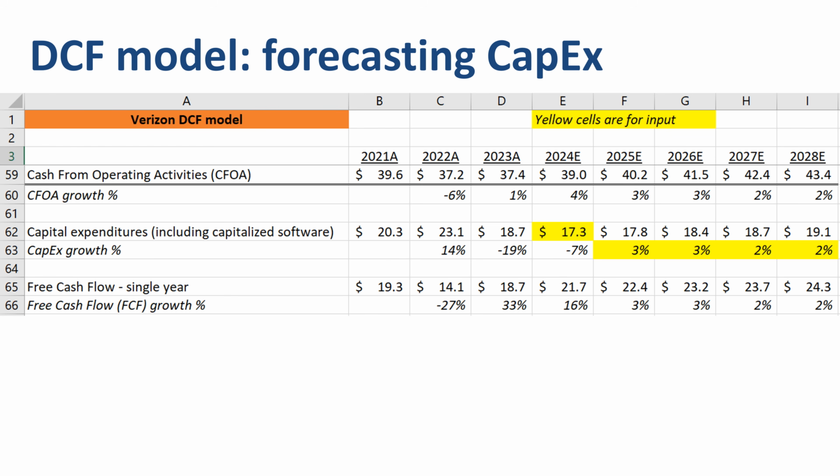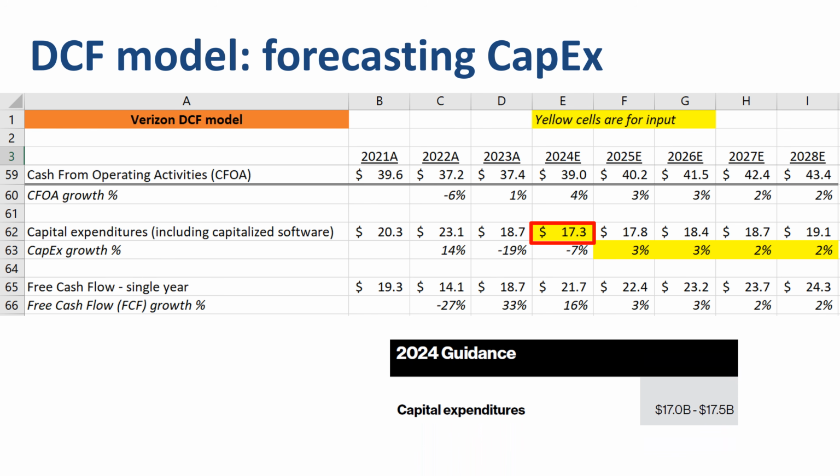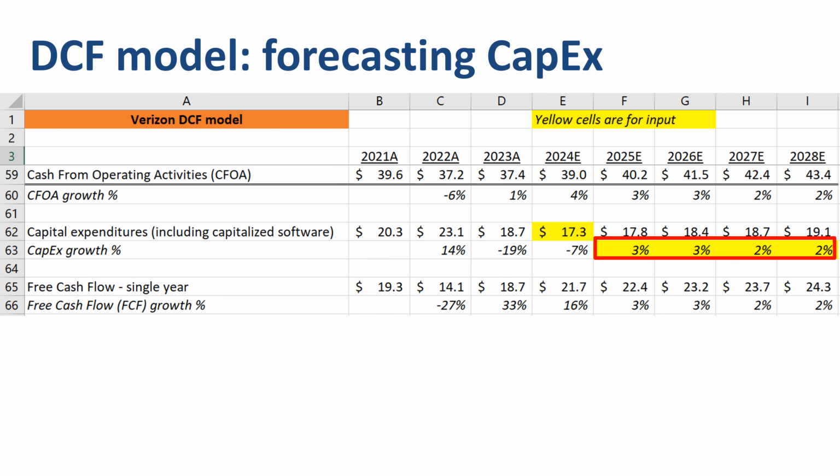Capital expenditures forecasting. Fairly easy for 2024, as Verizon provides guidance in this area, and they probably have a very accurate picture of the spending well in advance of the actual construction. For the outer years, I assume that CapEx spending has to grow in line with revenue in order to support the company's market position.